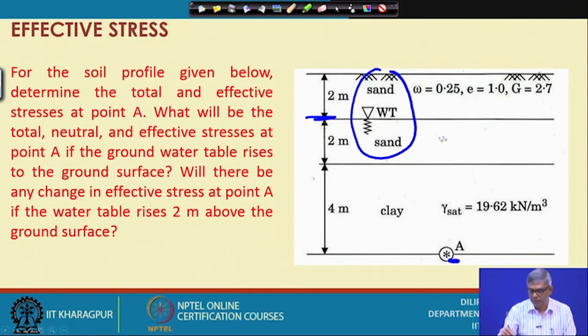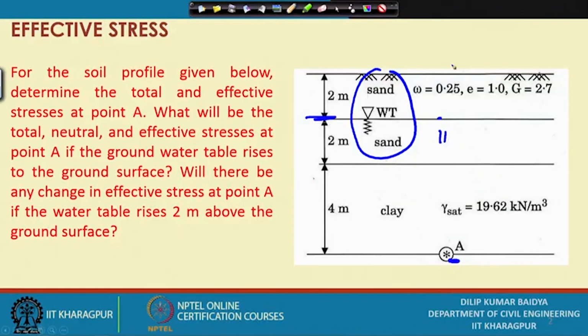Soil below the water table is always saturated, and above the water table it can have three different situations. It can be dry, it can be partially saturated, or it can be saturated without a water table. How will this saturate without a water table? Generally, as I mentioned, soil has very fine particles, and through the interconnected void spaces the water can flow, and that is capillary action.